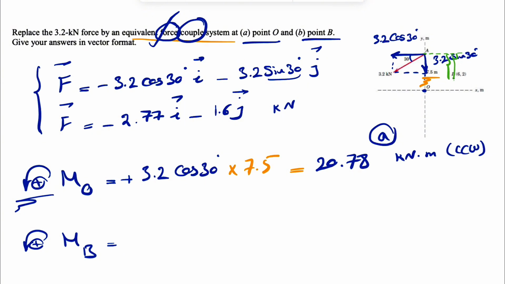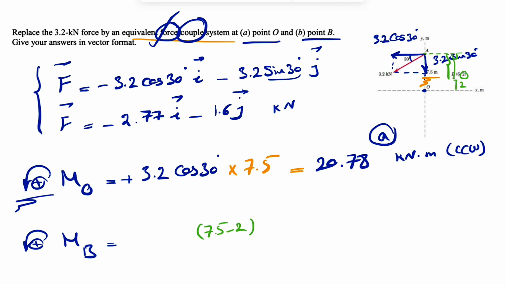We have the distance from O to A, 7.5, and for B we have 2 here because of the Y component of point B. So basically we have 7.5 minus 2, which is 5.5. So that's our distance, 7.5 minus 2.